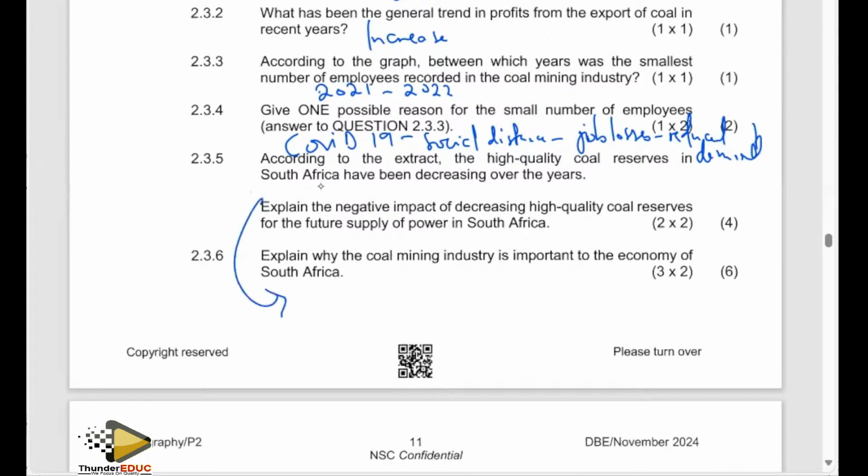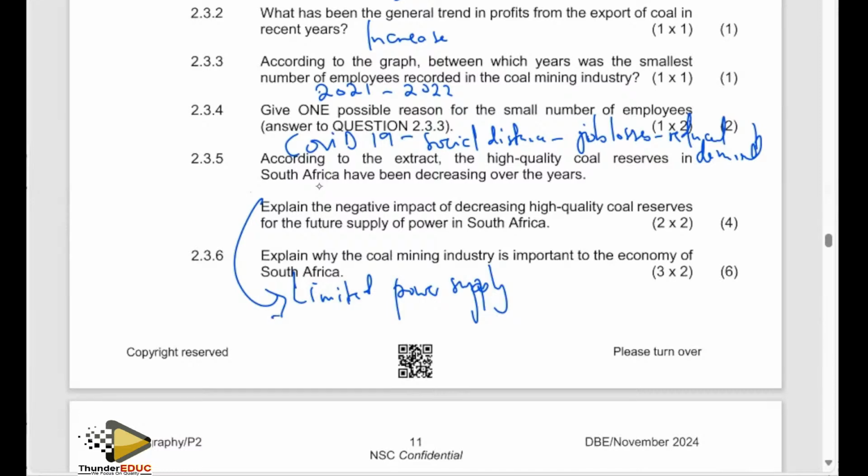If you are explaining this, you analyze the implications on the power supply. There will be limited power supply in the future, because the quality coal is declining, which implies that power generation is going to be limited and it's going to limit the supply of power.